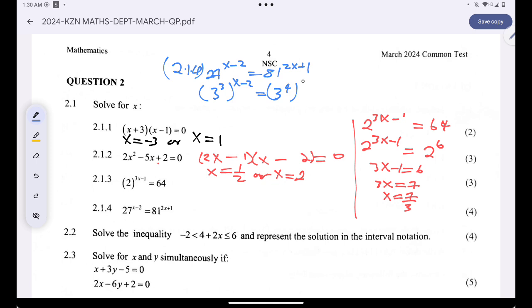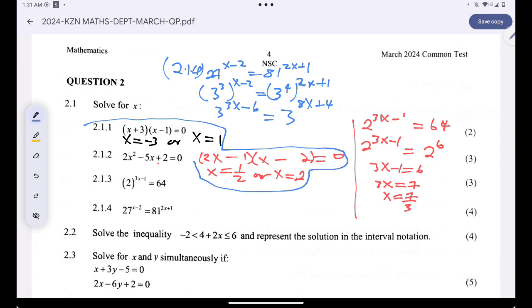I have 2x plus 1. There's a rule in exponents that says powers and exponents, they multiply one another. So I will have 3 to the power 3x minus 6, then 3 to the power 8x plus 4. Now my bases are the same. That simply means that the exponents should be equal.